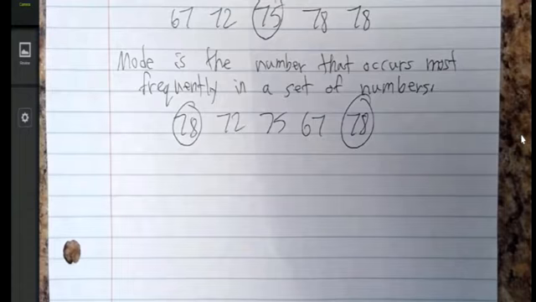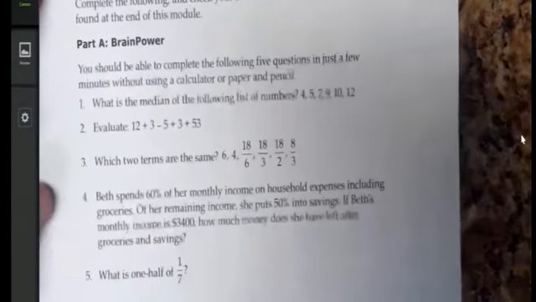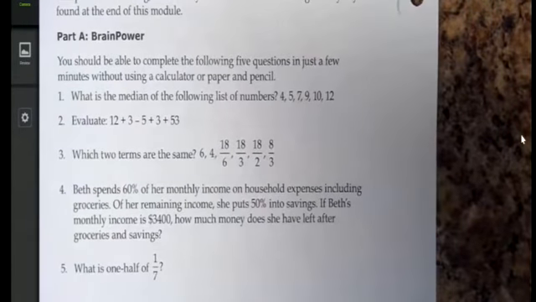With that, we're going to flip all the way up to page 16 and do some brain power. So go over there. What is the median of the following list of numbers?